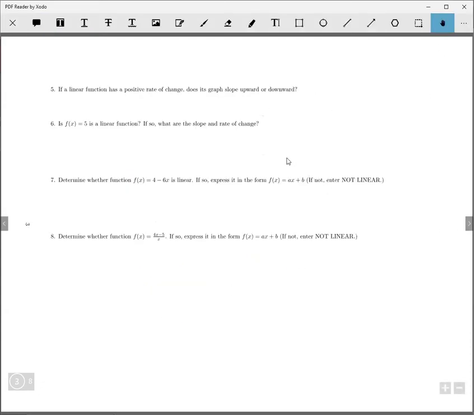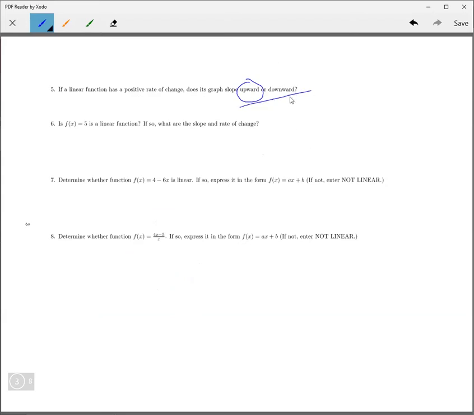Okay, let's move along to number 5. If a linear function has a positive rate of change, does its graph slope upward or downward? The answer is exactly what you think it is: upward. And this is as you go from left to right.